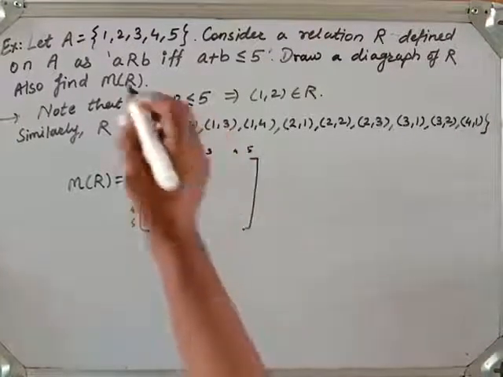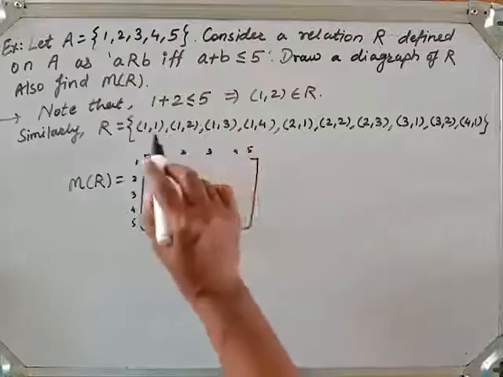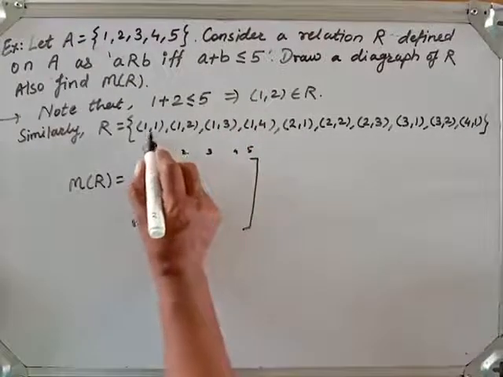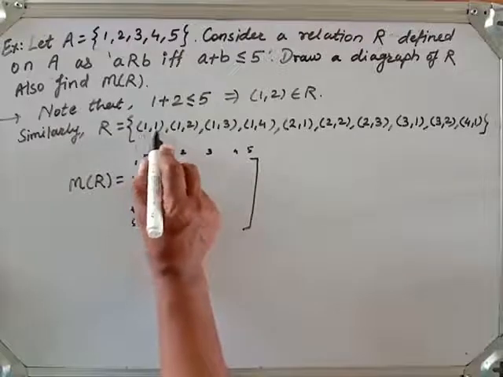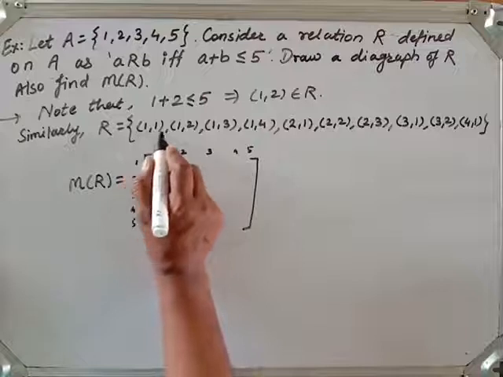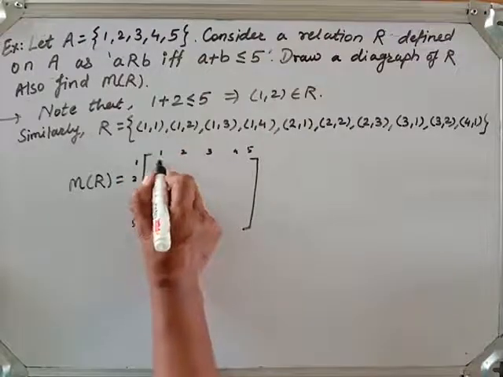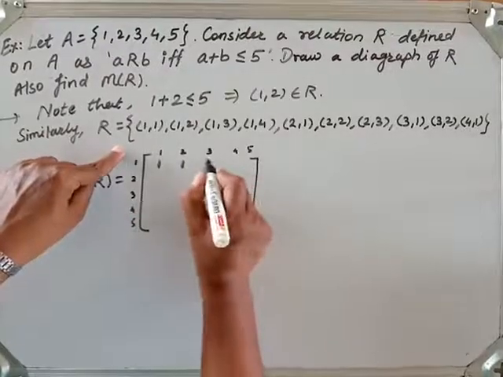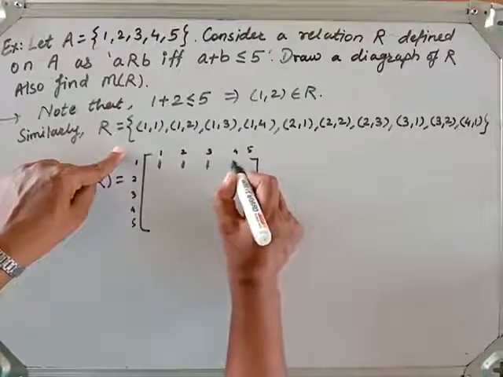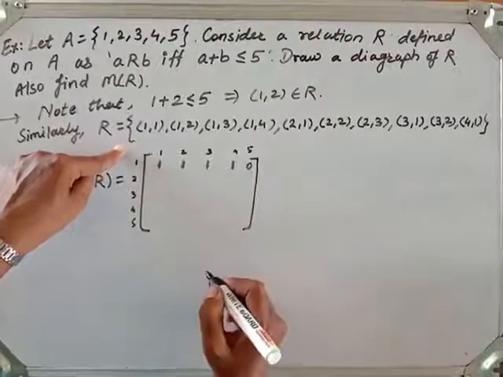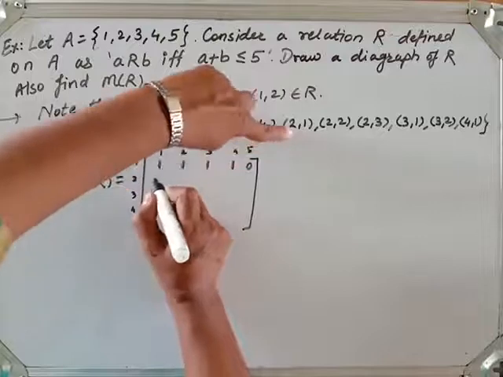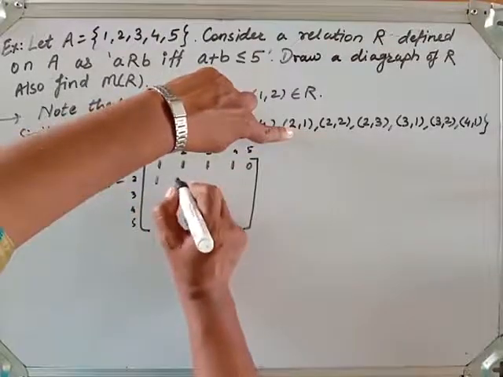Now it is a relation on A, so these are the pairs from A cross A. So for the matrix, look here: (1, 1) is there, so here we get 1. (1, 2) is there. Fine. (1, 3) is there. (1, 4) is there. (1, 5) is not there. Okay. Now next one, (2, 1) is there. (2, 2) is there.